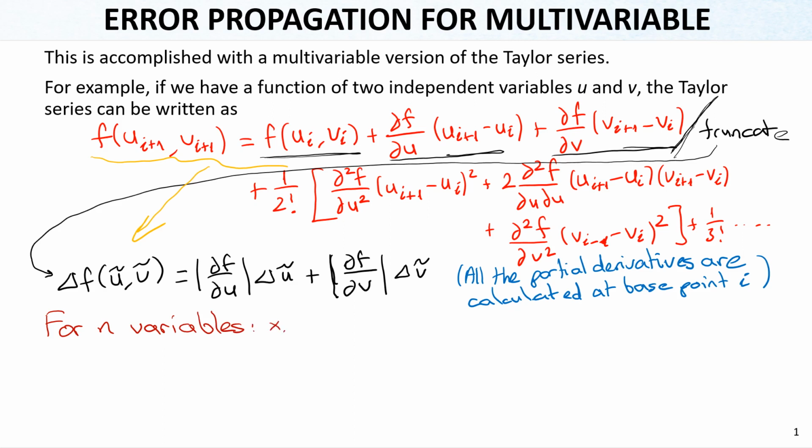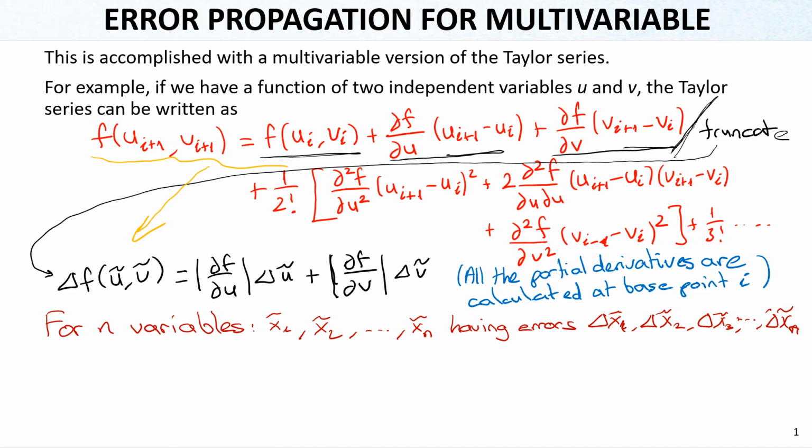Let's say we have x̃1, x̃2, x̃n, and these are having errors Δx1, Δx2, Δx3, and onwards until Δxn, like this.